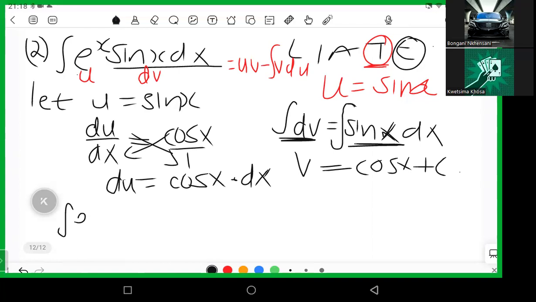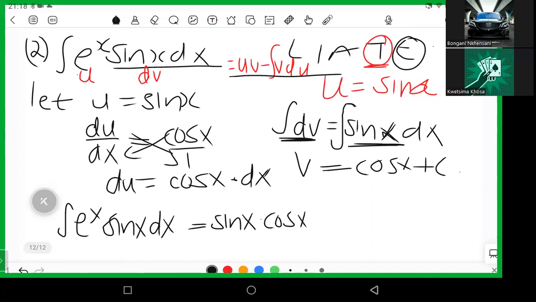And then now we can come to our given question. Then we replace u is sine x, then v is cosine x minus the integral of cosine x times dx.